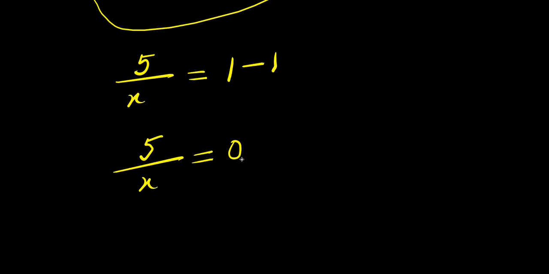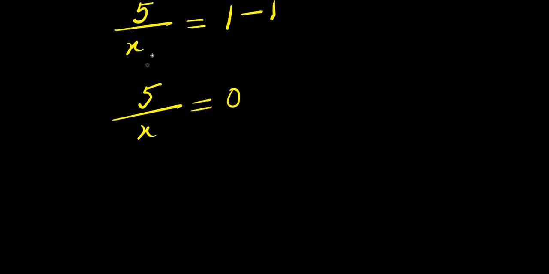Now, we can decide to take the reciprocal of this, meaning we are going to have 1 divided by this and 1 divided by this. That is the reciprocal, and that will simply give us x here, and this will simply give us 5 divided by 0.